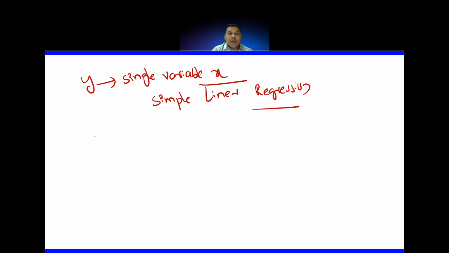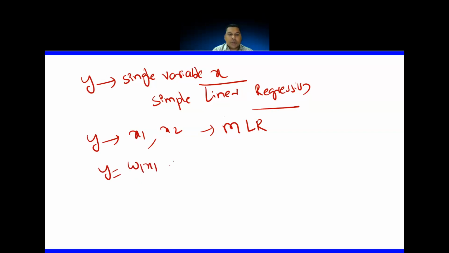Suppose y is dependent on multiple variables like x1 and x2, then we call it multiple linear regression. In this case, the equation will look something like this: y equal to w1 x1 plus w2 x2 plus b.